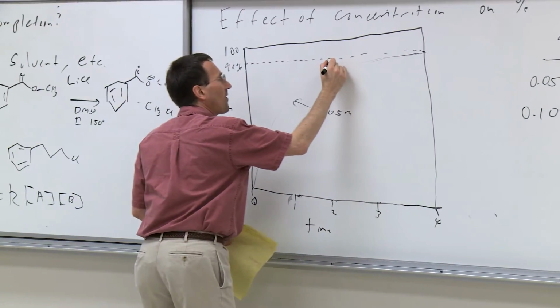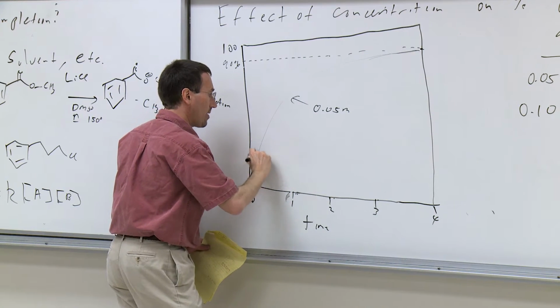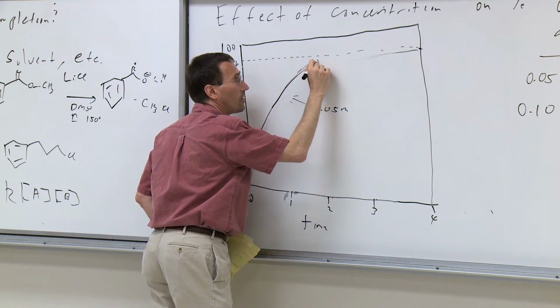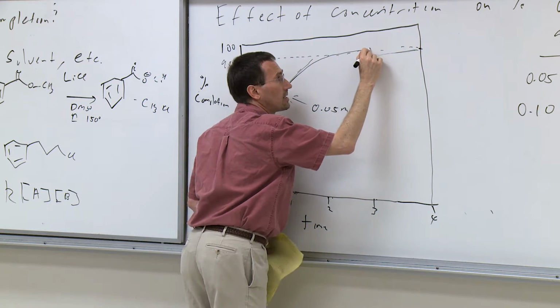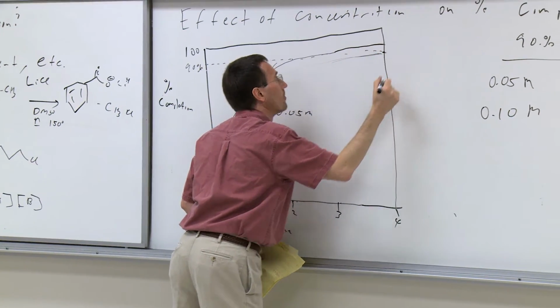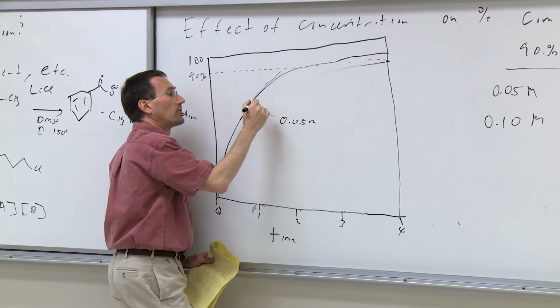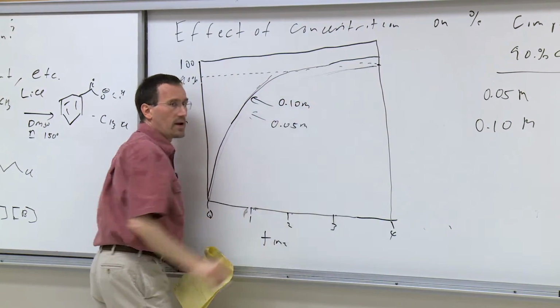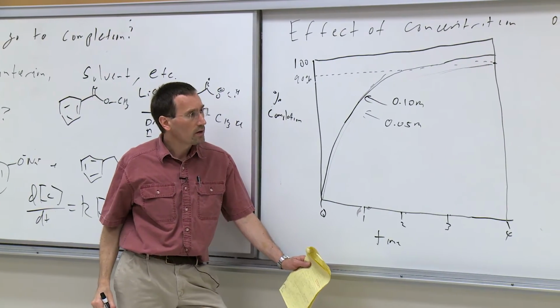In other words, if I draw my graph here, I'm going to make that curve hit at about 2 days and come on up like this and cross like so. So that's what would happen if I ran it at 0.1 molar.